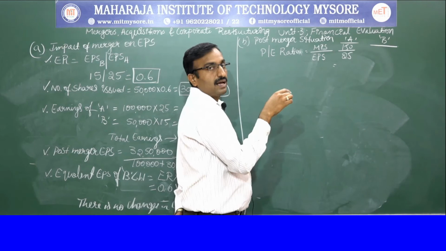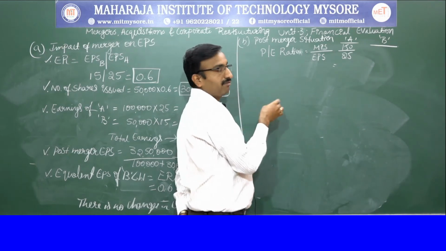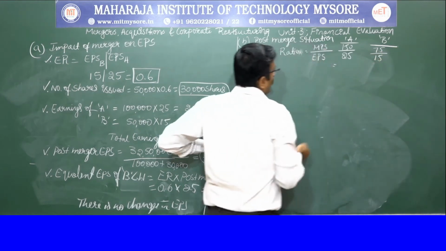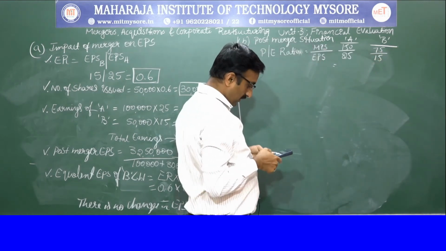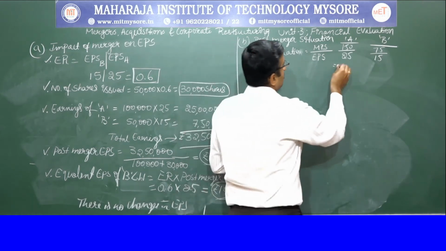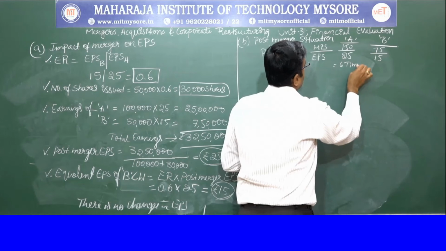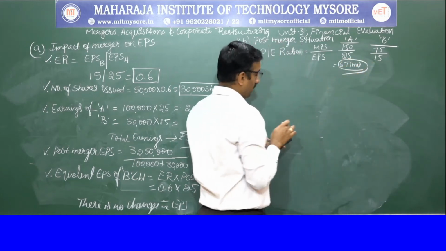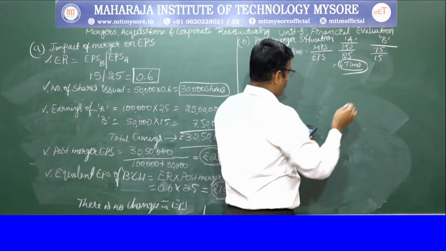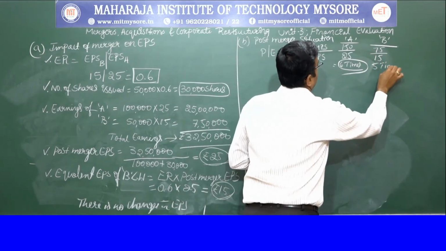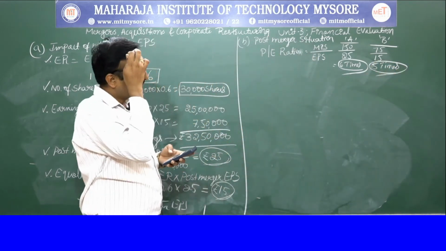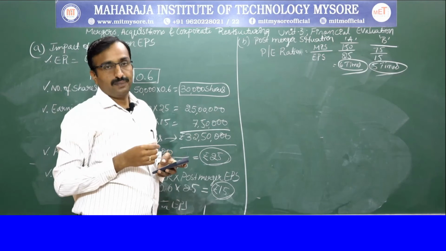For B Limited, it is 75 and 15, so 75 divided by 15 gives 5 times. The price earning ratio is 6 times and 5 times for A Limited and B Limited.